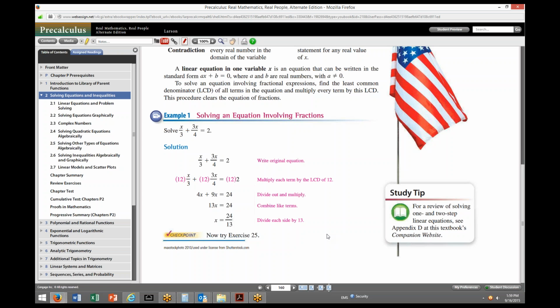Or, for instance, if we're dividing by an expression with a variable in it, we could actually eliminate an actual solution and not even realize it's there. So we do have to be careful with this.